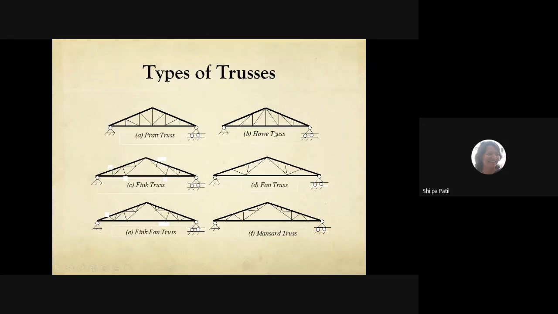Now this is another type of structure, Howe truss. These two are most commonly used in practice. Then there is the Fink truss, fan truss, Fink fan combination, then mansard truss. Now if you go on increasing the triangular units inside this outer triangle, the configuration becomes more and more complicated.